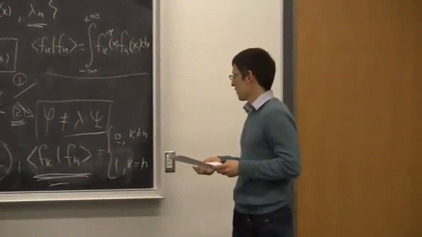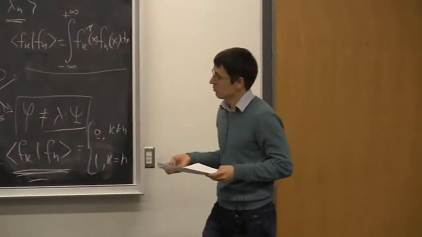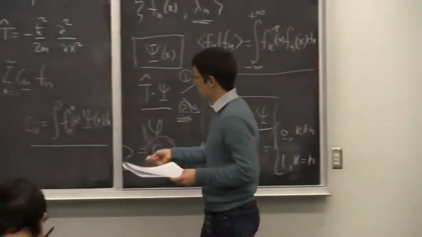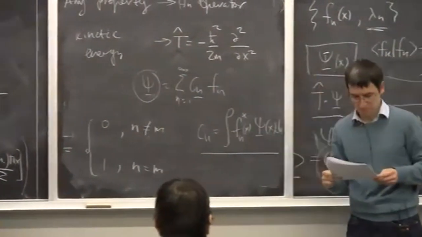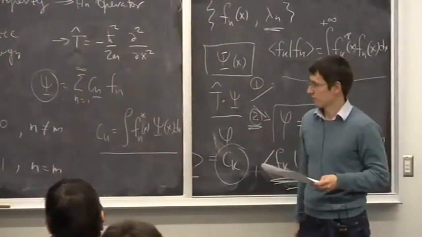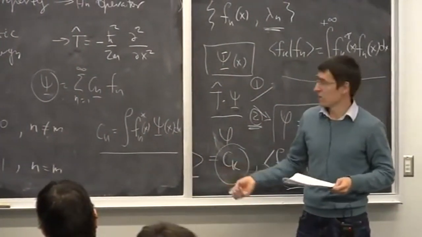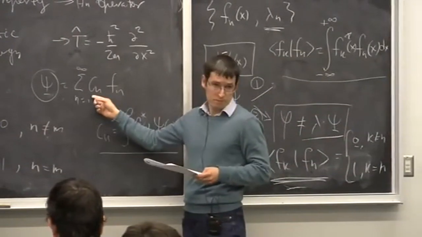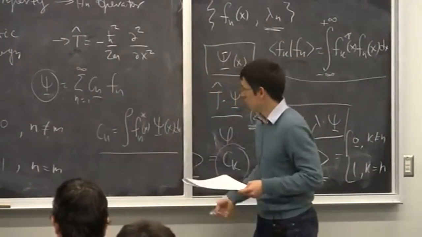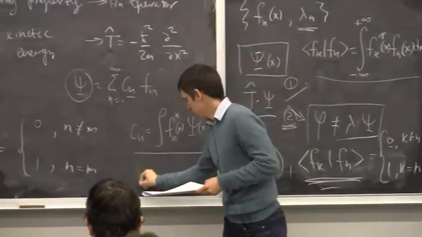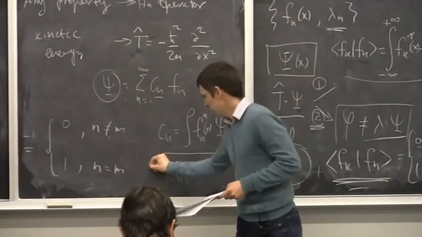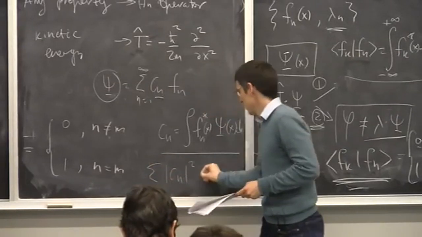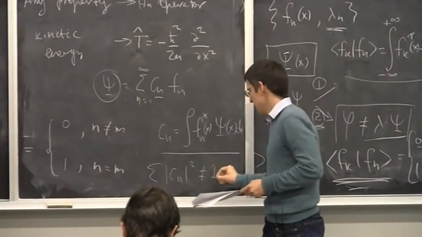Now, the only thing that is left to be checked is that the function that was given is a normalized function. Because if the function is not normalized, you can do this expansion for sure, no problem. But the absolute squares of these coefficients, when you sum them, are not going to be 1.